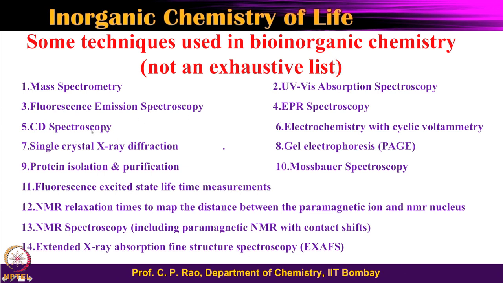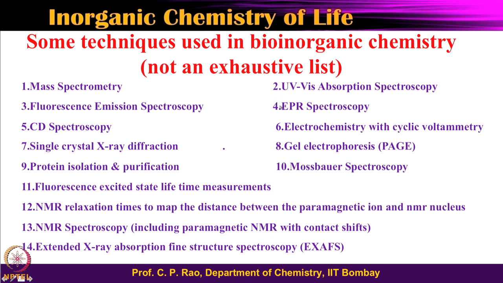Therefore, CD spectroscopy is an extension of absorption spectroscopy. The feature that you do not see in absorption, you will see in CD spectroscopy. That will give you the dissymmetry parameters. You can have negative and positive, and you do not have anything called negative and positive in UV-visible absorption spectroscopy.